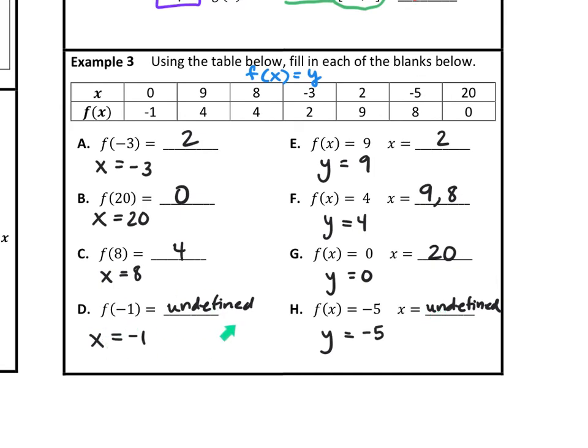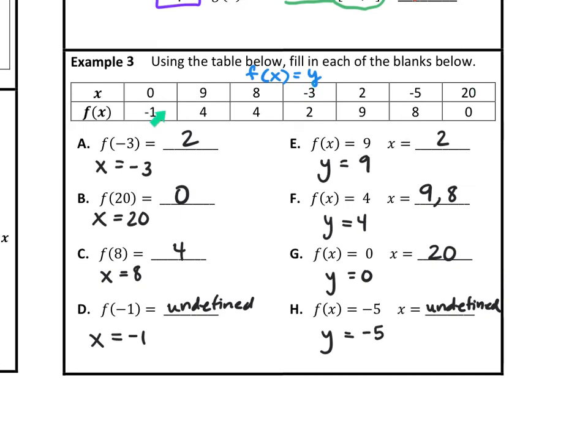Same thing for this example on the left. We said that we're specifically looking for an x of -1. So we look at the first row, because all these values on the first row are x's, and if you can't find a -1 in the first row, then we say undefined. Now again, students make the mistake and say, oh, I can't find -1 on the first row, but I found it on the second row.